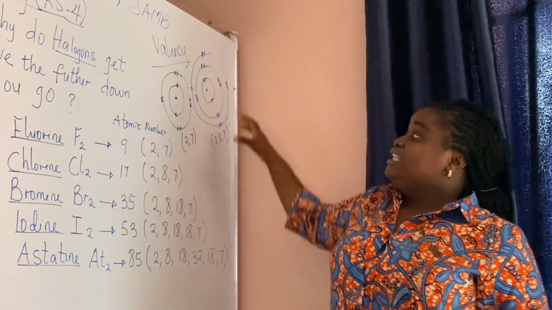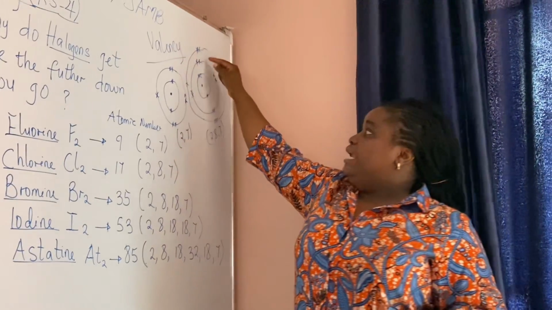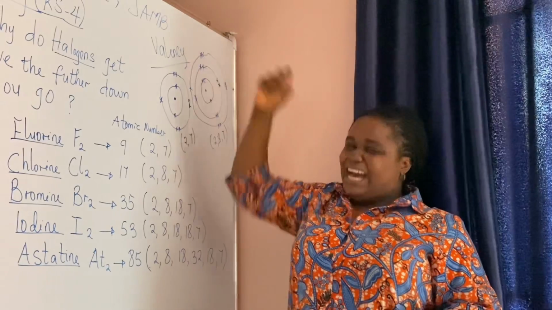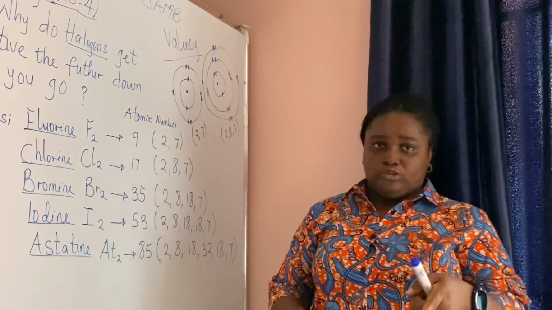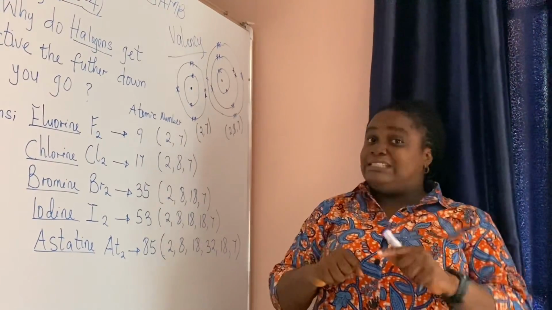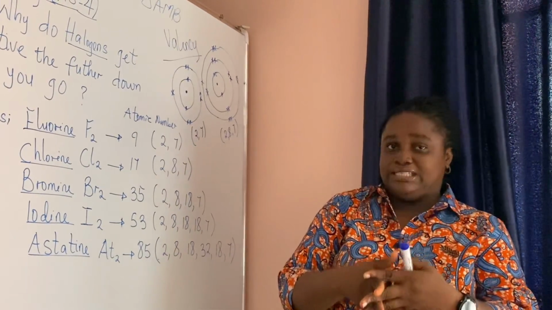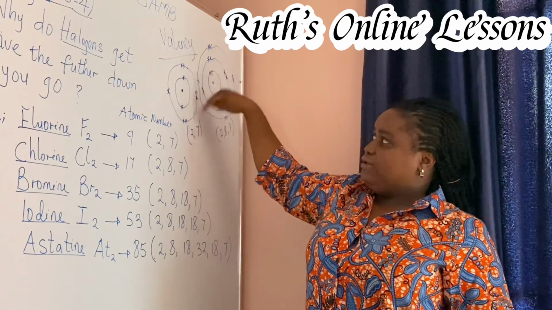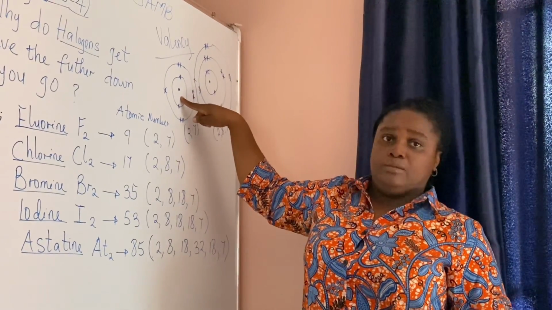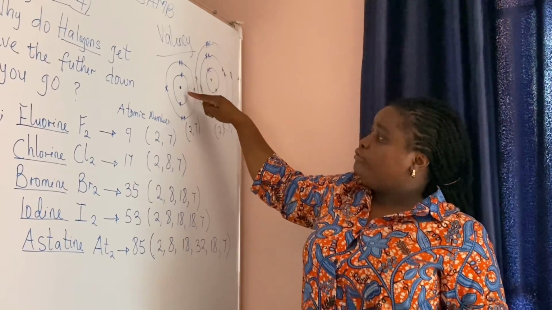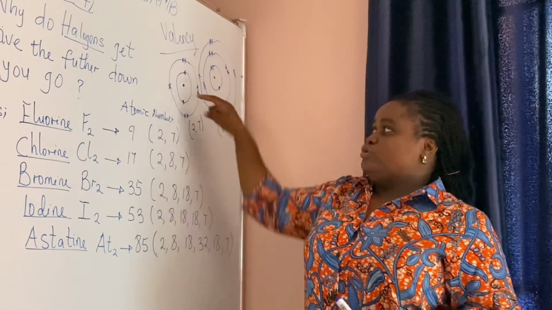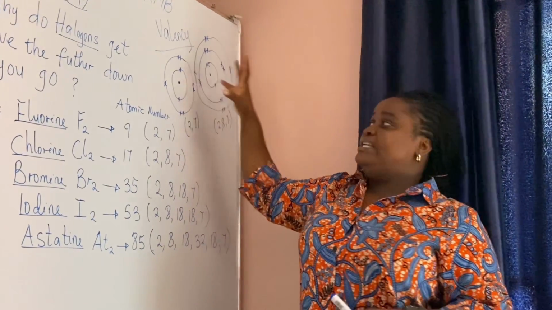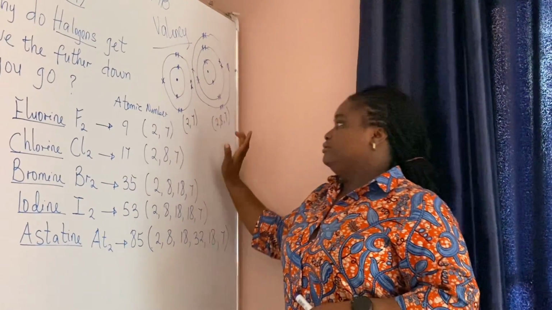So the further away electrons are from the nucleus by virtue of the shell, the harder it is for them to gain electrons, and the harder an atom finds it to gain electrons, the less reactive. Because the valence shell electrons of fluorine are closer to the nucleus than those of chlorine, fluorine will find it very easy to gain electrons, and because it is easy for fluorine to gain electrons, it tends to be more reactive than chlorine.